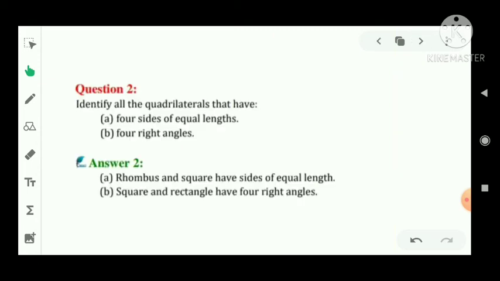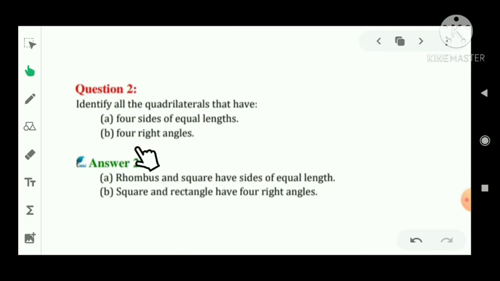That is question number 2. Identify all the quadrilaterals that have 4 sides of equal length. Its answer will be rhombus and square, because in the rhombus and in the square all 4 sides are of equal length.